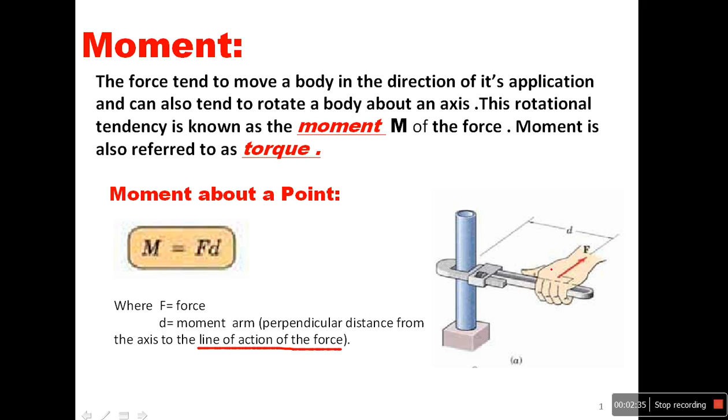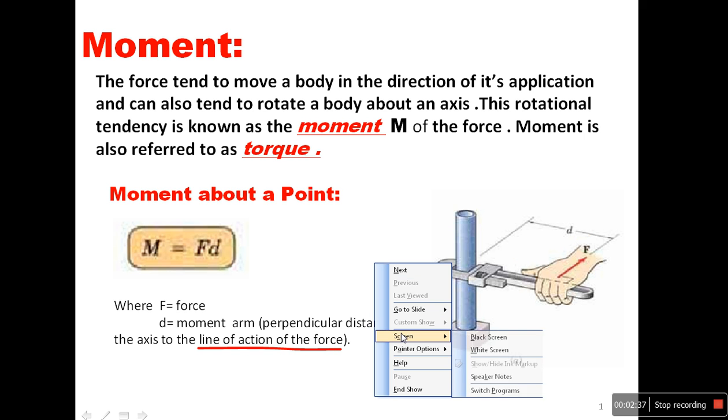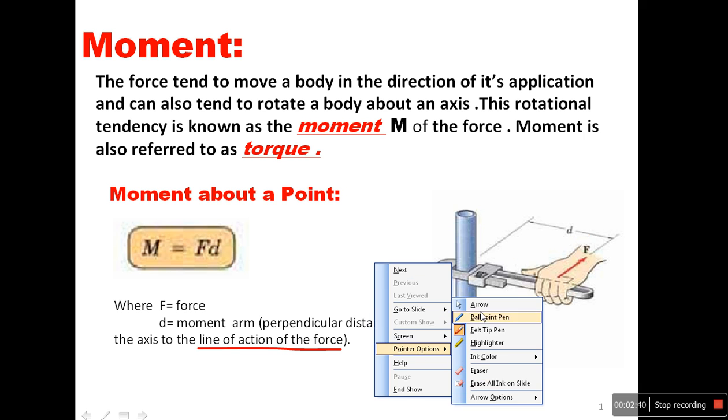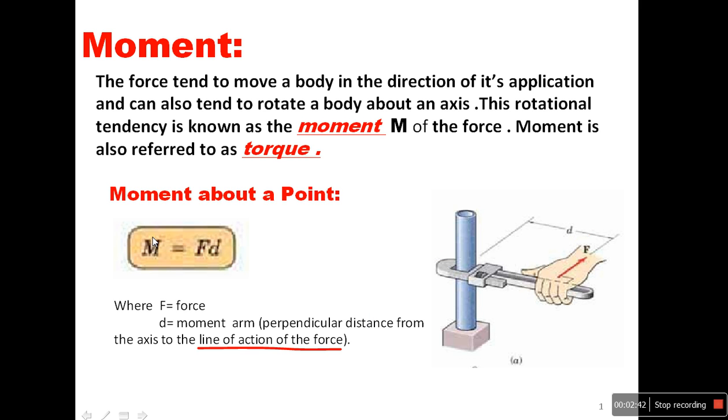Again, now you can see the moment equals force multiplied by D, where D is the moment arm, the perpendicular distance from the axis to the line of action of the force.